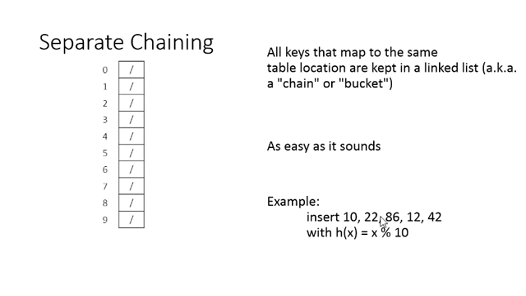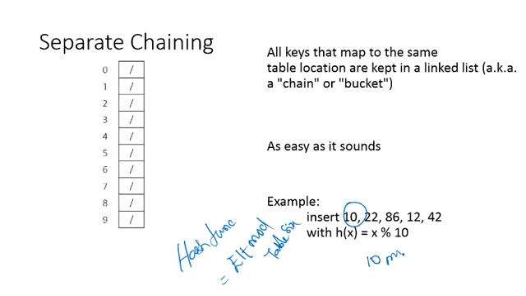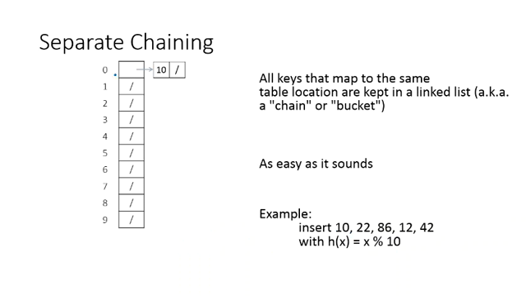For example, when 10 is inserted, my table size is 10, so your hash function is the element mod the table size. 10 mod 10 gives 0, so it will be stored in the 0th location. In separate chaining, you will create a linked list from the 0th position.